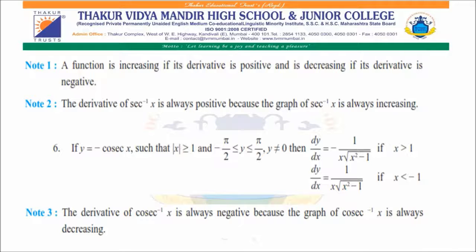Here the derivative of cosec inverse x is always negative because the graph of cosec inverse x is always decreasing. So the derivative of cosec inverse x is negative and the derivative of sec inverse x is positive.